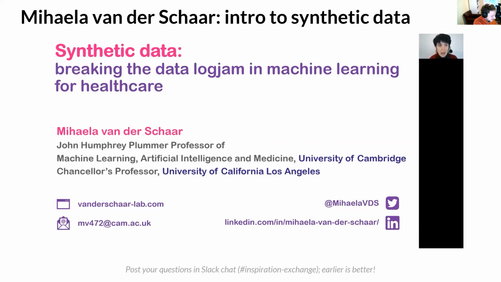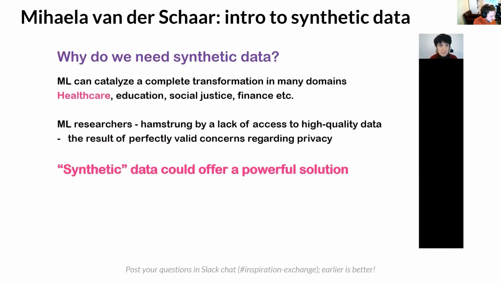This is why in the last 4 years, our research lab has done a lot of work on defining the research agenda for synthetic data and developing a variety of methodologies for this. So why do we need synthetic data?